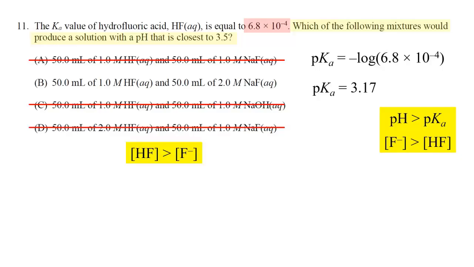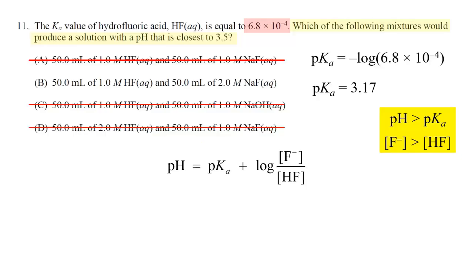I'm pretty confident that the correct answer to question 11 is choice B, but I still haven't used the Henderson-Hasselbalch equation to confirm what this pH is. So I'm going to go ahead and plug in 3.17 for the pKa, and notice that in choice B, the ratio of fluoride to HF is a 2-to-1 ratio.